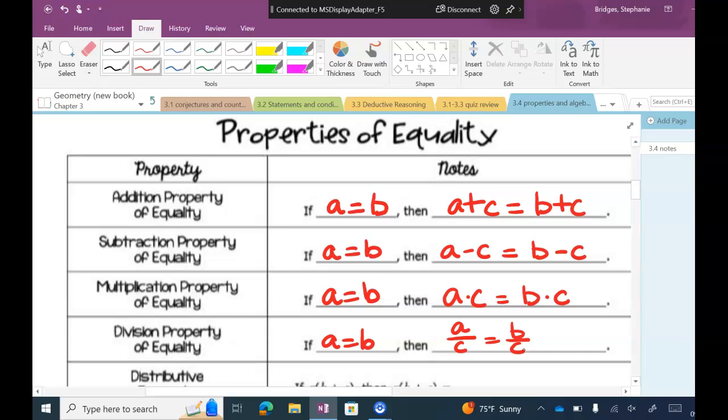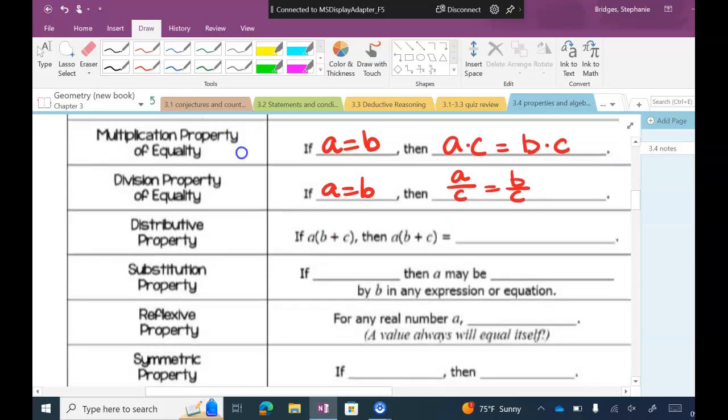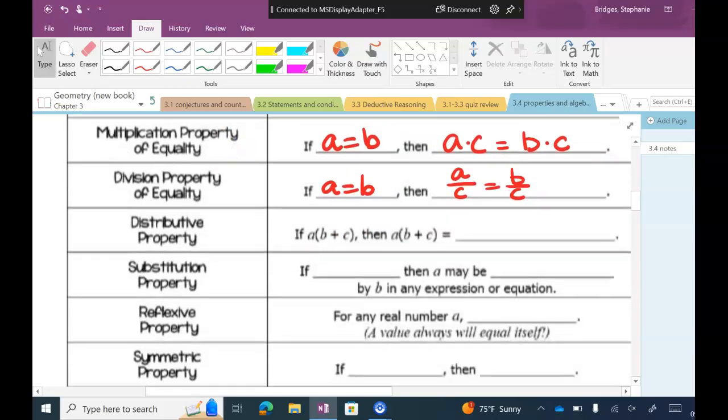Everybody ready? Okay. Then we have the distributive property, and it says if A times the quantity B plus C, then it's going to look like this. You distribute that A to both pieces, so it would be A times B plus A times C. You know how to distribute.